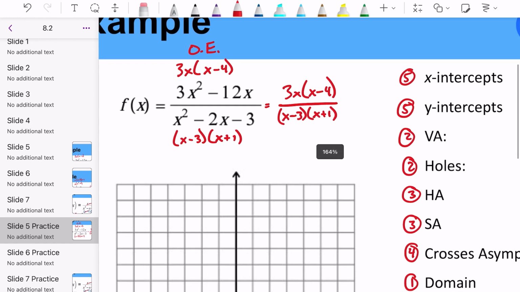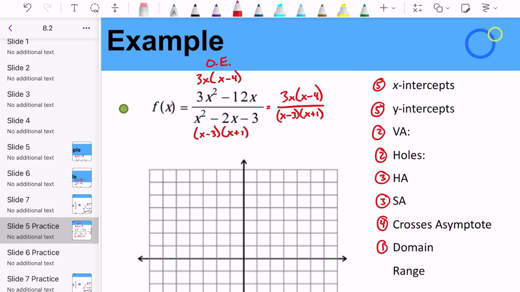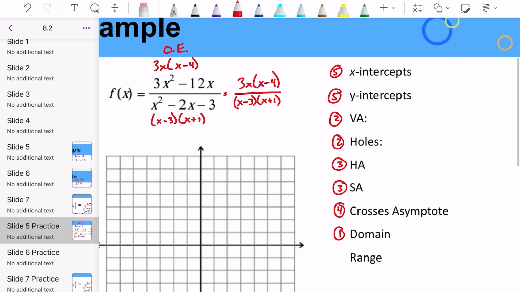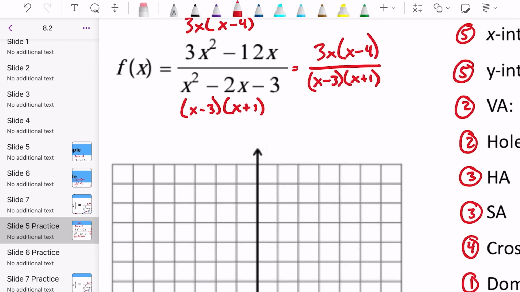Now, in order to determine the domain, we are mainly going to look at the original equation, and we are going to look at the denominator. In this case, x minus 3 is equal to 0, which means x cannot equal 3, and x plus 1 is equal to 0, which means x cannot equal negative 1.